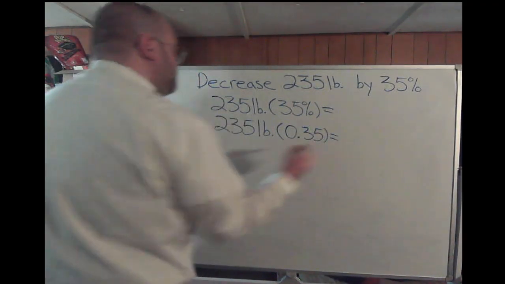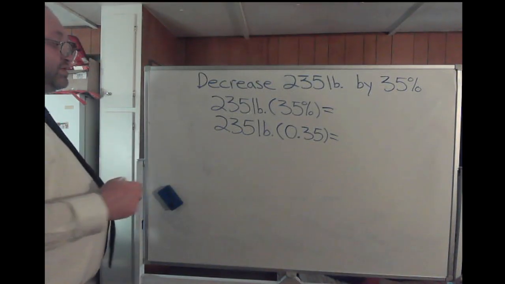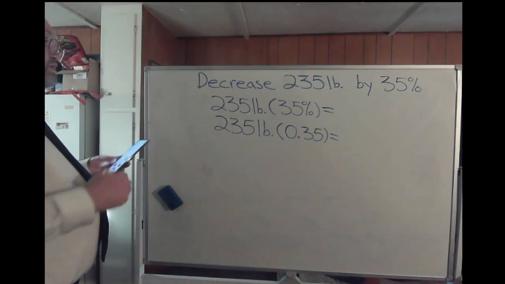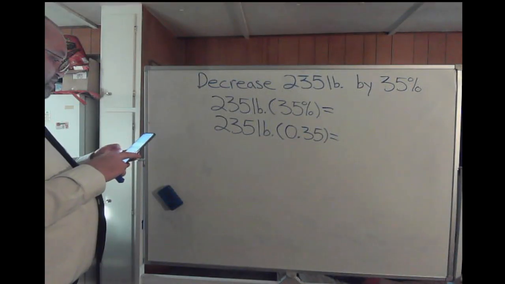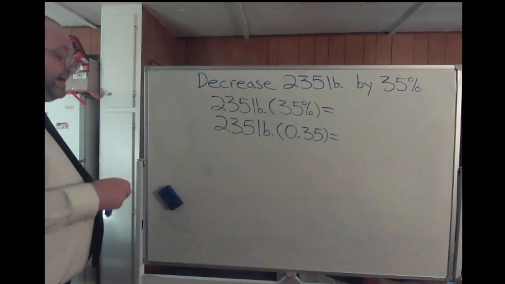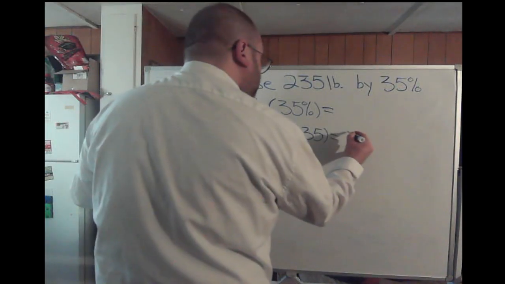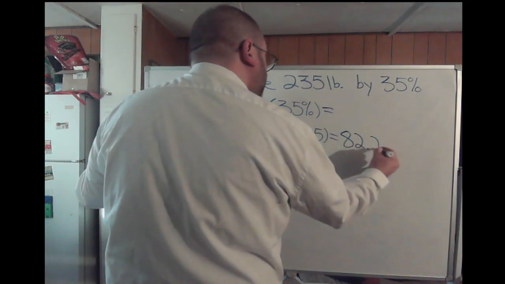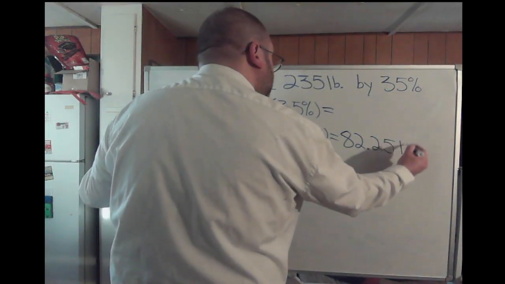So to find 35% of 235 pounds, let's do the multiplication: 235 times 0.35 is 82.25 pounds.